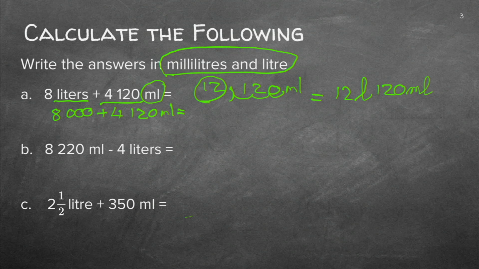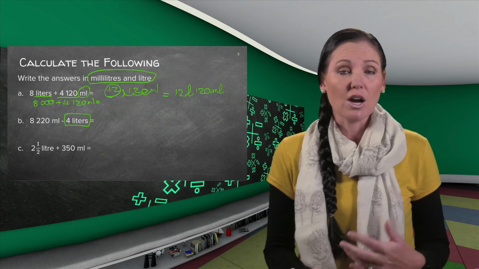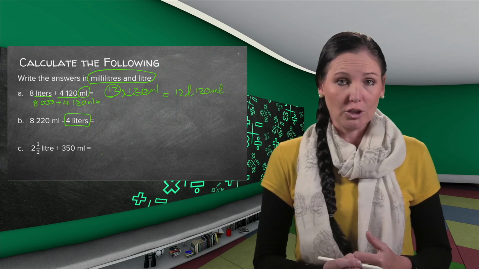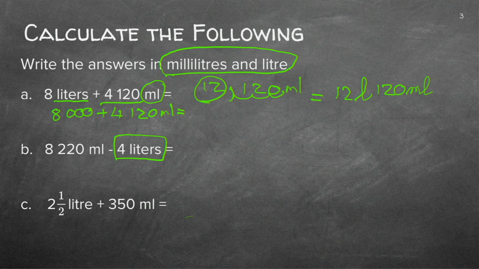Make sure what they are asking you. Here I have 8,220 milliliters minus 4 liters. Again, my units are different, so I have to convert one of the units. And now I will change the 4 liters to 4,000 milliliters, and that will also be easy.